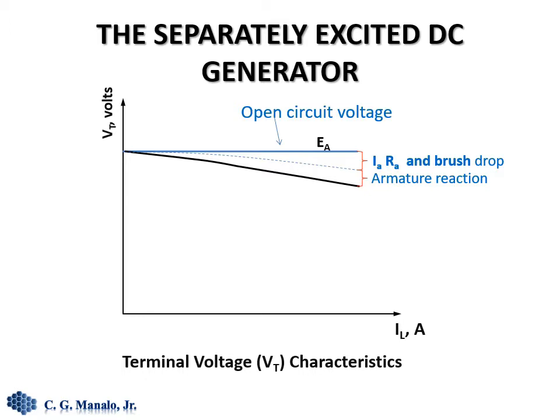What happens there is that if there is a load current, the effectivity of the flux in terms of producing the voltage is degraded. The higher the I sub L, the more severe is its effect on the internally generated voltage of the machine. So as I sub L becomes higher, the drop in terminal voltage becomes severe.